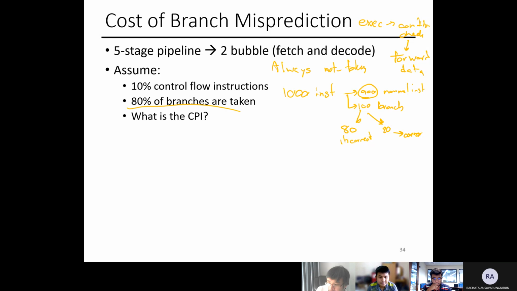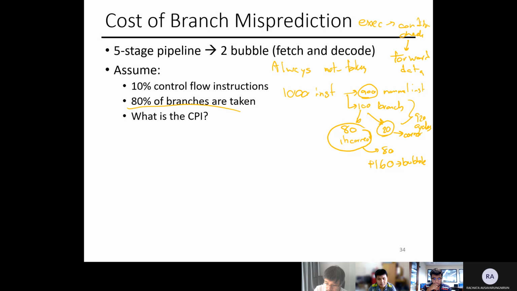For the 900 instructions and the 20 correct ones, these would take 920 cycles, right? Because you finish one instruction every cycle, that's fine. If you take into account the first instruction in the pipeline, 4 more cycles to fetch, decode, execute, memory, write back. The 80 incorrect instructions, obviously, you need 80 for those instructions by themselves, plus 160 cycles for the bubbles.